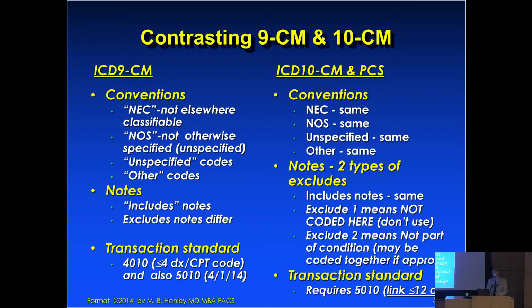ICD-9 used the 4010 transaction standard, which meant that when you submit a claim for a physician service, whether it's an evaluation and management service or an operation, you could append or link to it a maximum of 4 diagnoses. In ICD-10, the 5010 transaction standard is in effect.